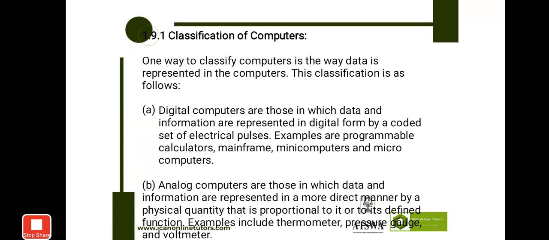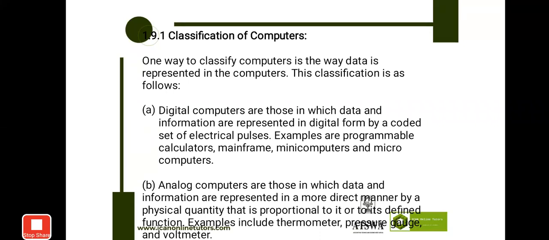Examples are programmable calculators, mainframes, minicomputers, and microcomputers. So what we mean here is that data and information are presented in digital form by a coded set of electrical pulses. It already knows that 2 plus 2, for example, in a calculator, when you press equals, should give us 4.